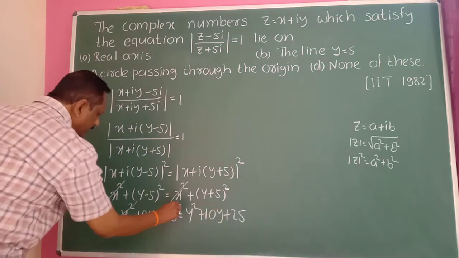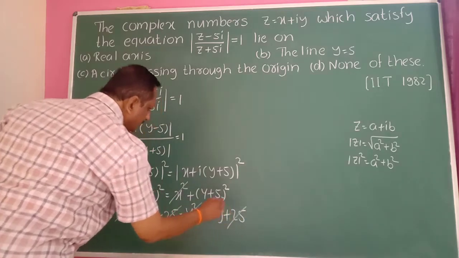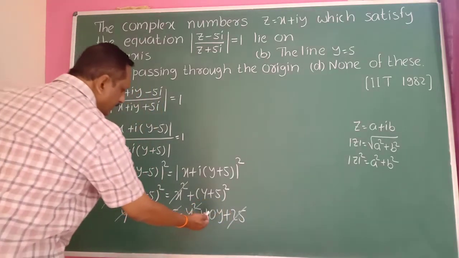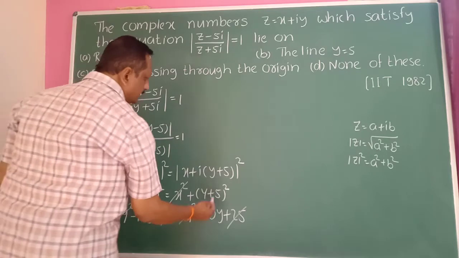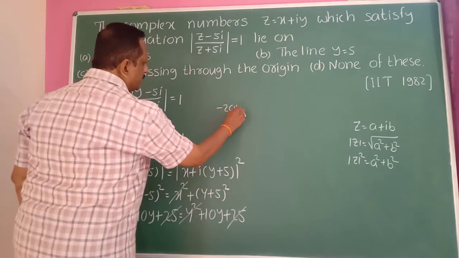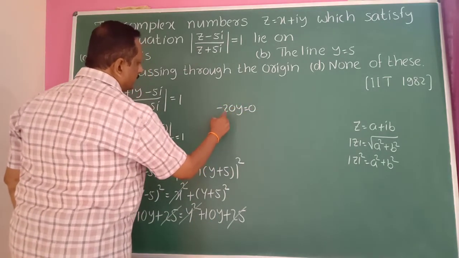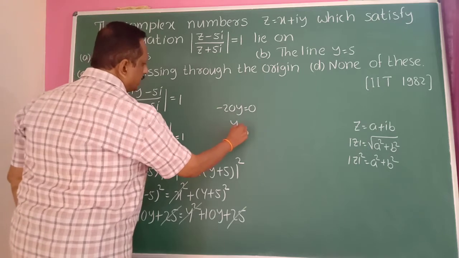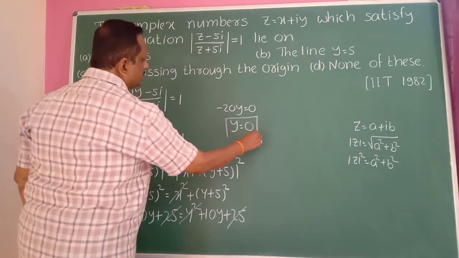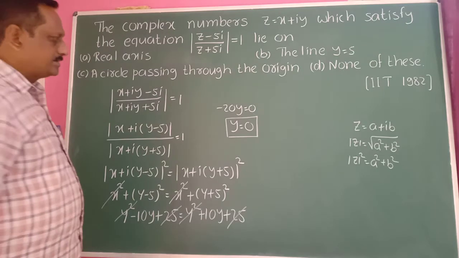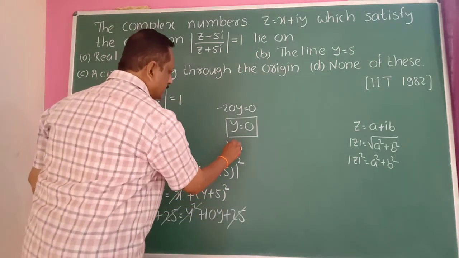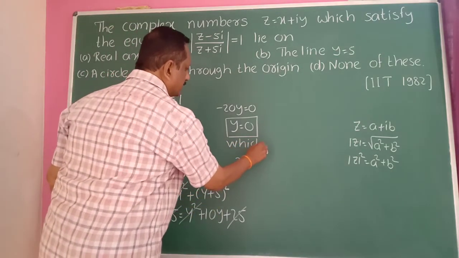So y square and 25, y square and 25 cancel here. Take 10y to this side. Minus 10y gives minus 20y is equal to 0. Take minus 20 to the right hand side. y is equal to 0, which is the equation of the x-axis here.